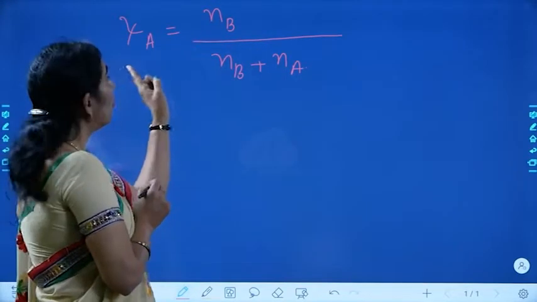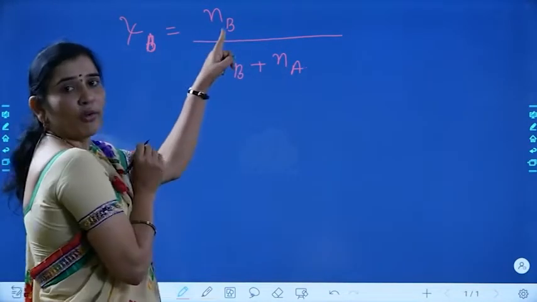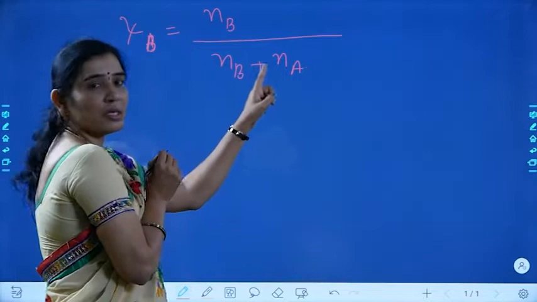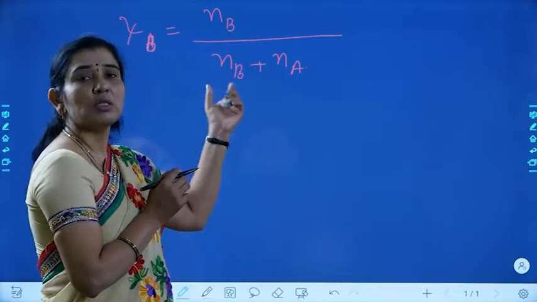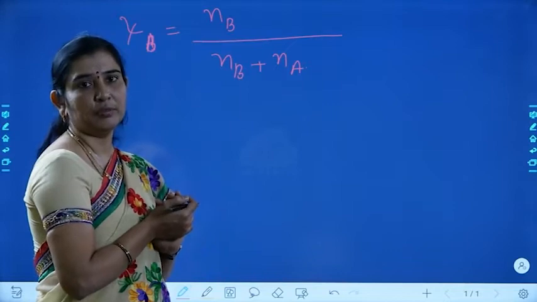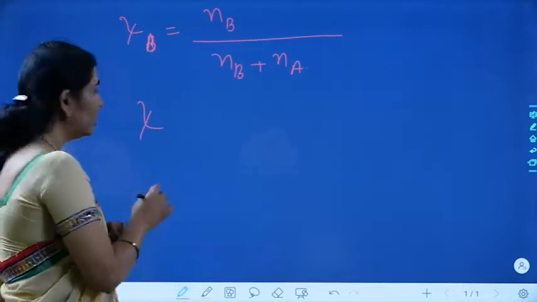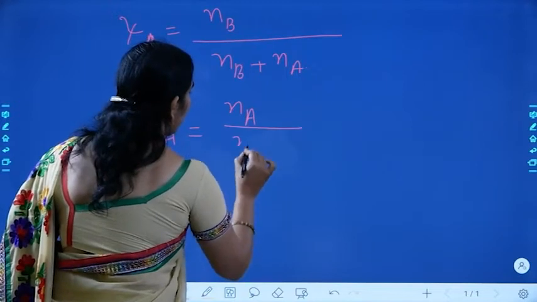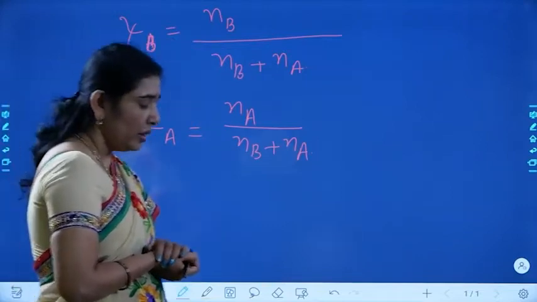That will give you the mole fraction of solute: Chi B is equal to Nb divided by Nb plus Na. Here, Nb stands for the number of moles of solute, and Na stands for the number of moles of solvent. Suppose you want to determine the mole fraction of solvent, then Chi A is equal to Na divided by Nb plus Na.